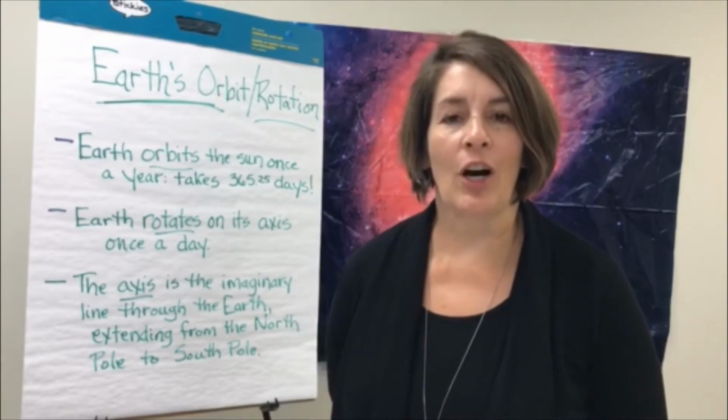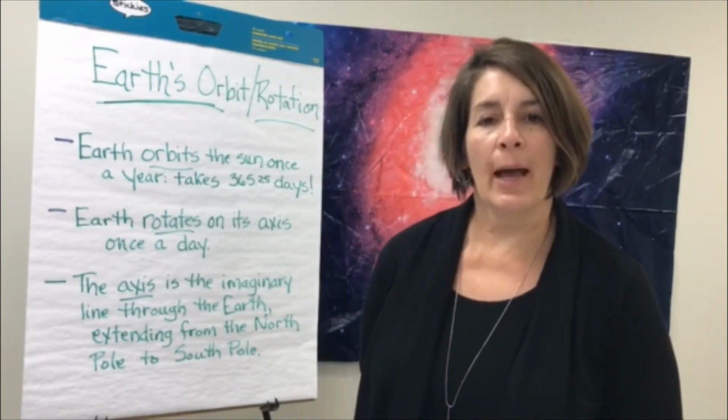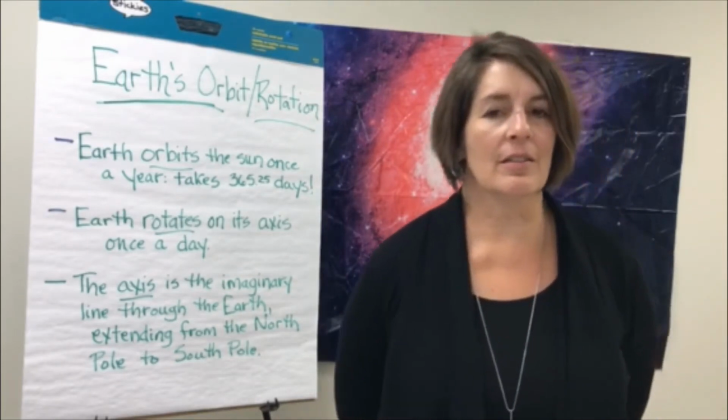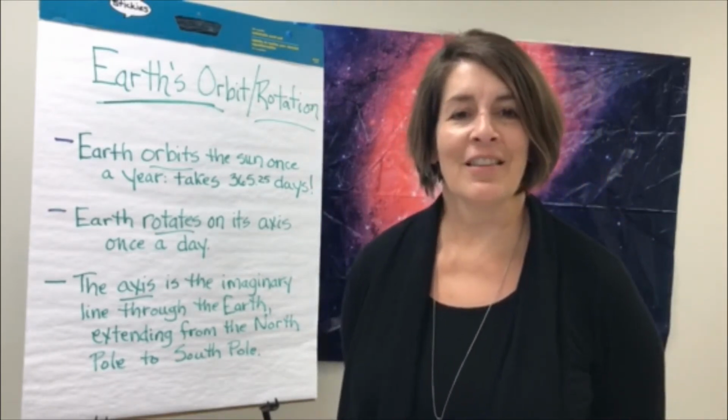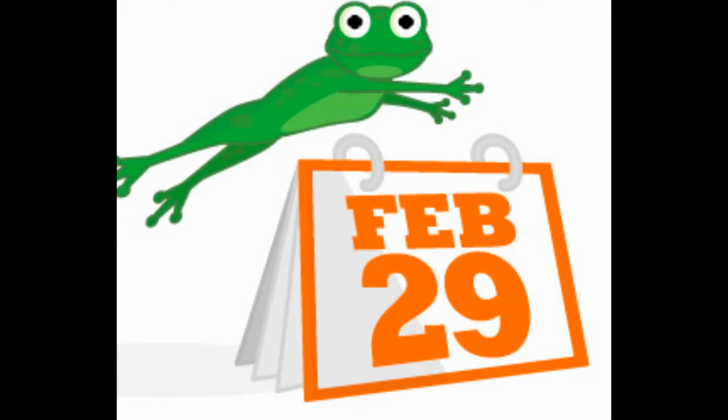We've always been taught that there are 365 days in a year. So what happens when the Earth doesn't quite get around the sun in that amount of time? A leap year was created. Since our normal calendar is 365 days a year, we add an extra day to our calendar every 4 years.